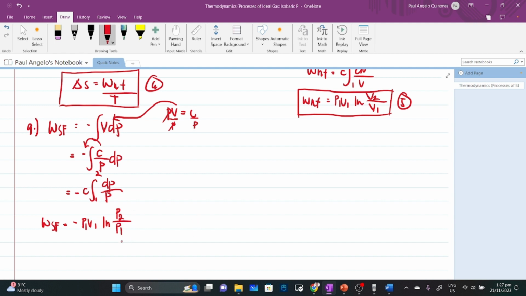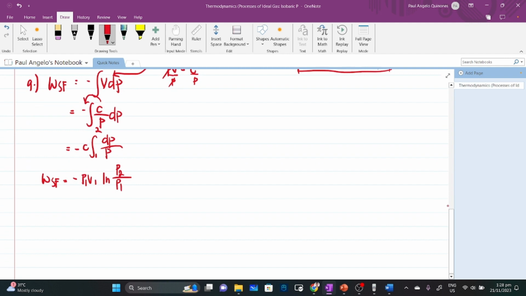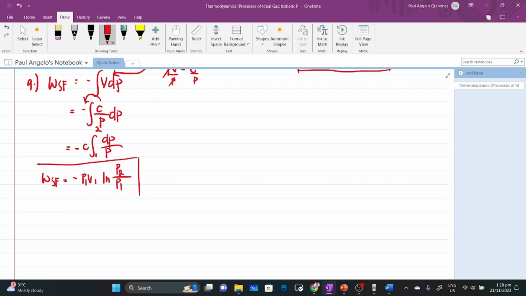As you can notice here, from our earlier equation, P2 over P1 is equal to V1 over V2. So we can simplify this further. This is also valid as your steady flow equation, but we can also rewrite this one as negative P1 V1 ln V1 over V2.